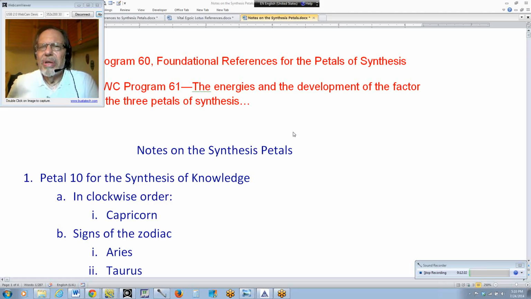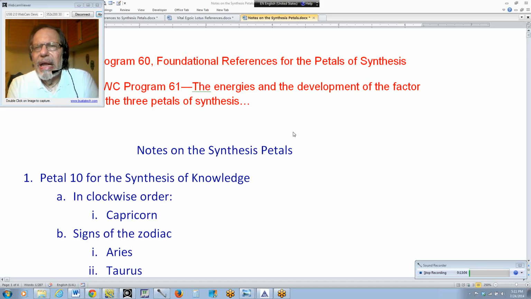And of course, the intuition will be more stimulated. All the things that we can say of buddhi, since buddhi is largely responsible for the founding of these three petals, as explained in the previous program, all that buddhi affords will be reflected on the higher mental plane, where these synthesis petals are actually unfolding.